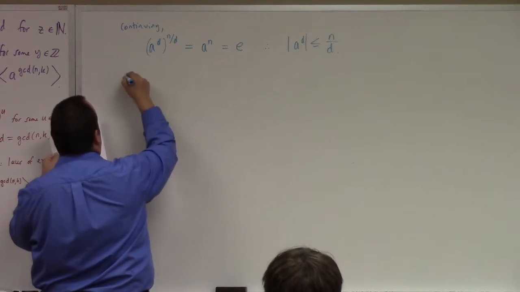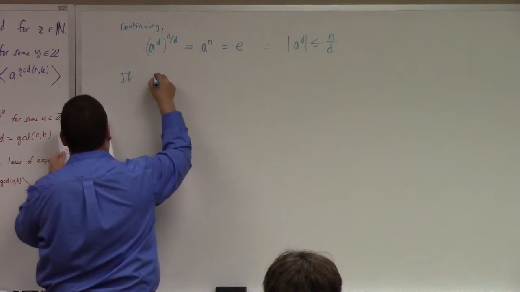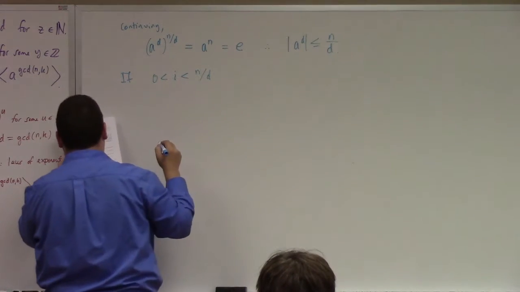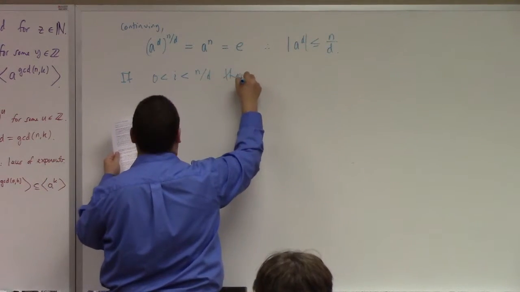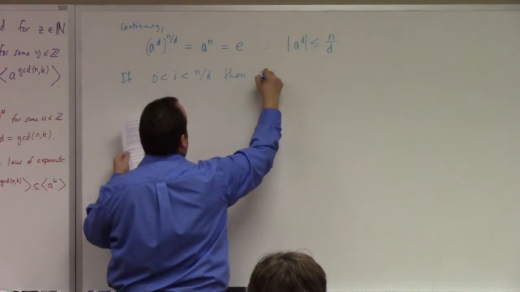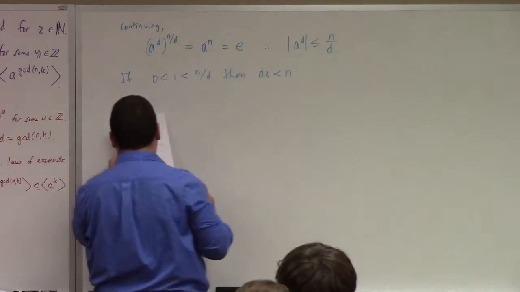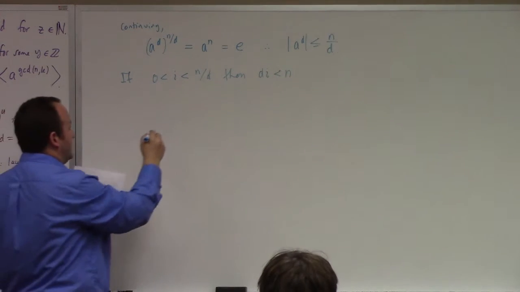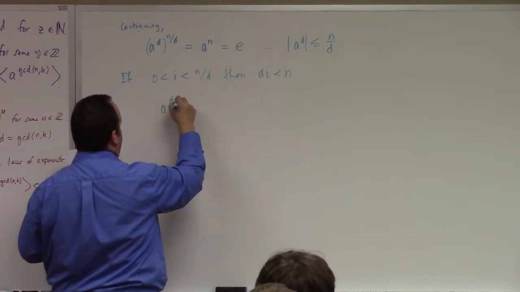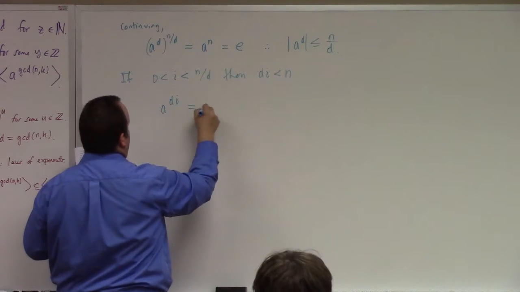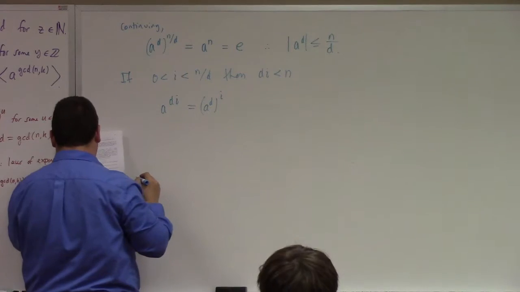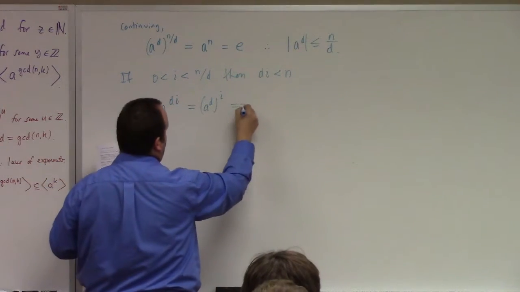Now, if 0 is less than i is less than n over d, then we have, of course, that d i is less than n. So what's that say about a to the d i? In other words, a to the d to the i power. That's not equal to what?